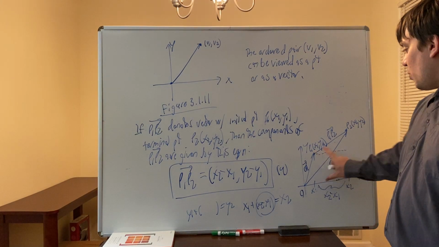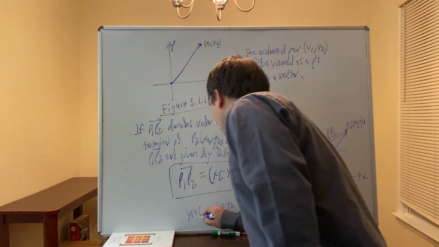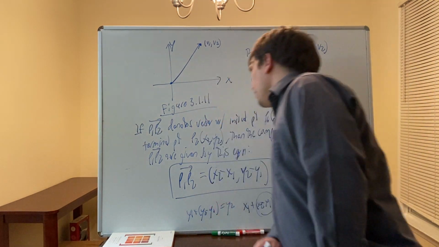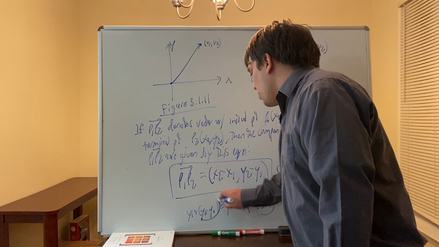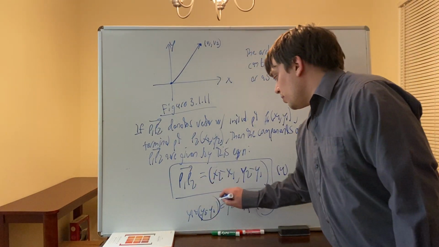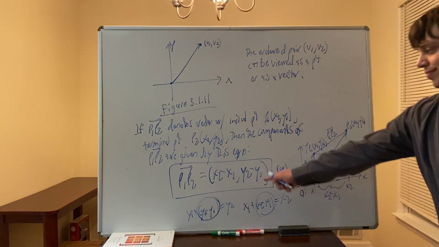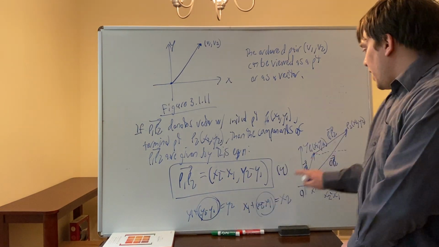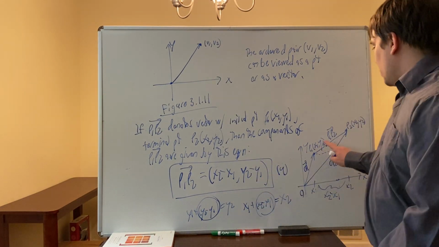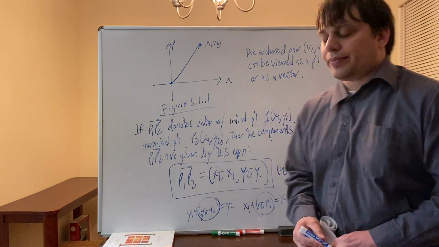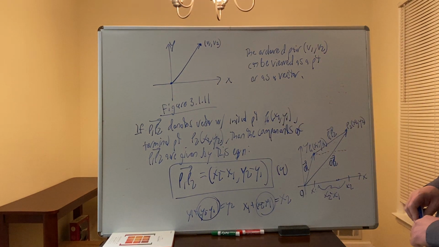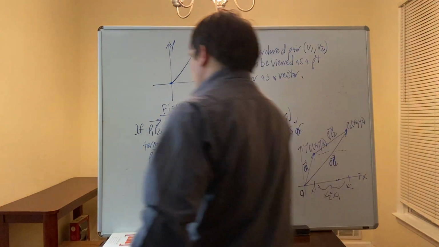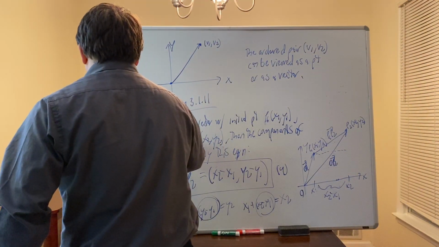And so what do we have to add to y1 to get y2? We have to add y2 minus y1. And so the second component of P1, P2 is y2 minus y1. Okay? So if we start with x1, y1, we add this to get x2, and we add this to get y2. Okay, so you can now find the components of a vector P1, P2.